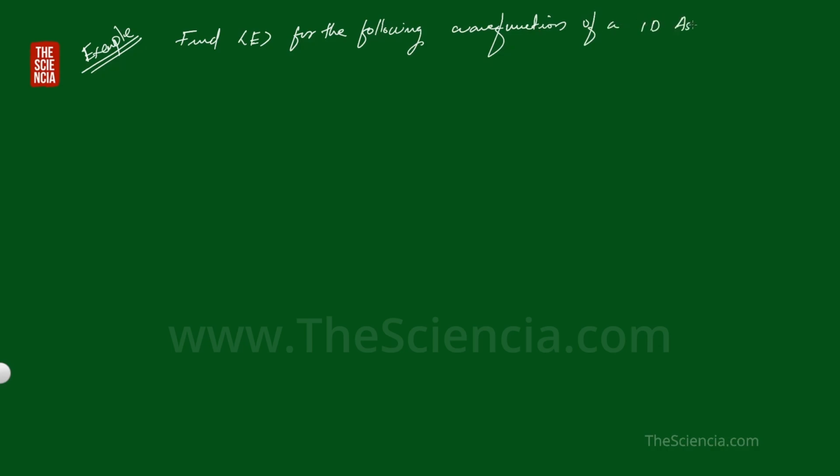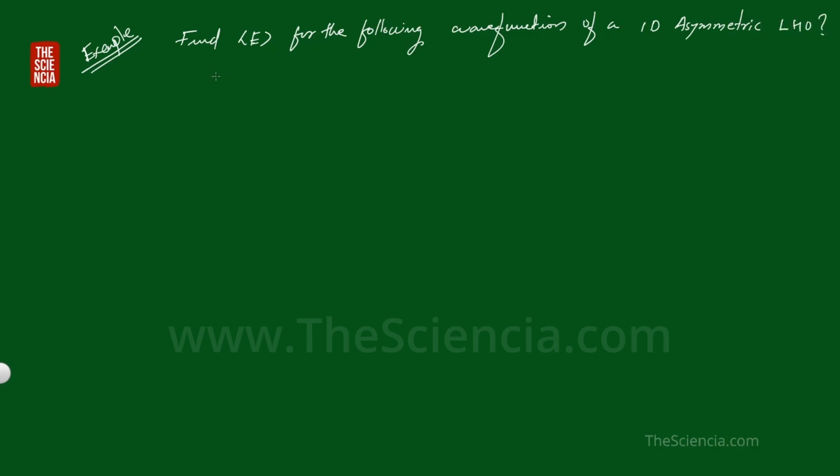One more example problem. Find the expectation value of E for the following wave function of a 1D symmetric linear harmonic oscillator.